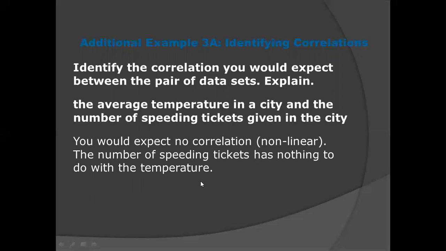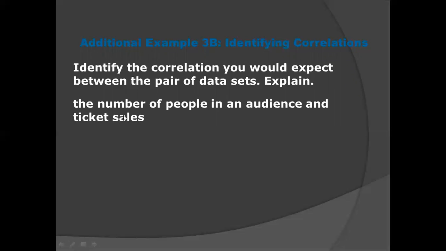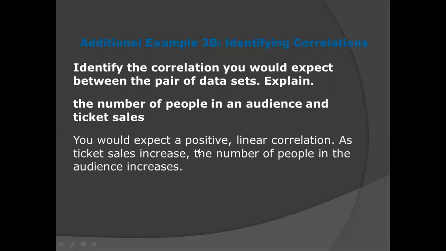There is no relation. The number of people in the audience and ticket sales: you would expect a positive linear correlation. As ticket sales increase, the number of people in the audience increases.